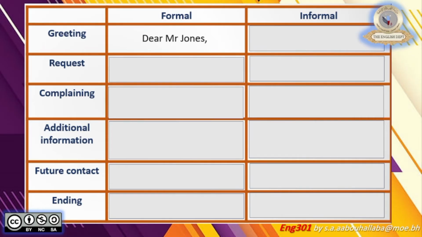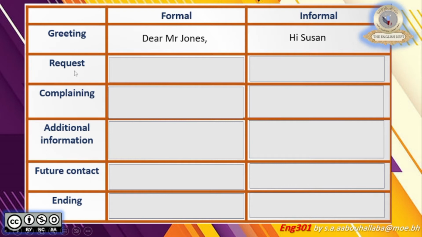He might be called Adam Jones, for example, or Peter Jones. I don't say dear Mr. Peter or dear Mr. Peter Jones. It is only the family name that is used. Dear Mr. Jones. If it is a woman, we start by dear Ms. Jones. Okay? But informally, we can say hi Susan, hi Ali, hi Ahmed, hi John, and so on.